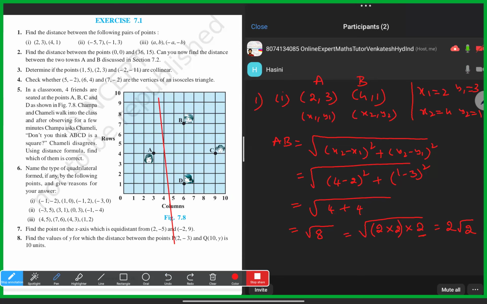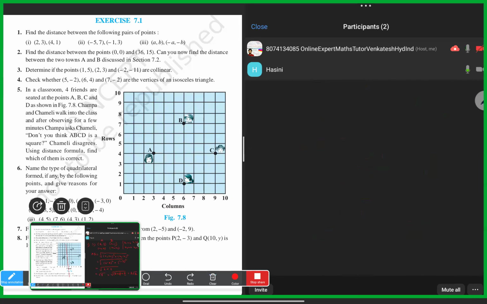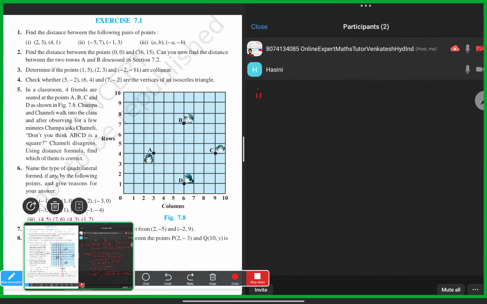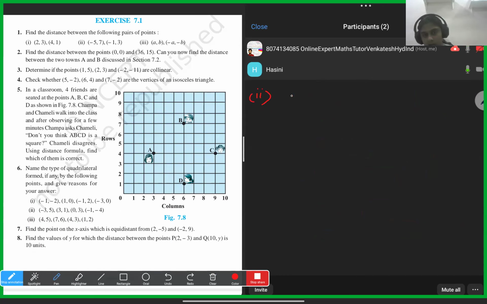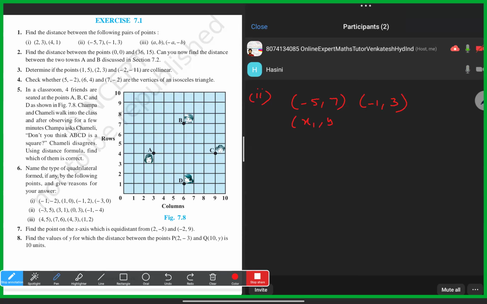Second one: minus 5, 7 and minus 1, 3. Again I am writing x1, y1, x2, y2. Let us name these as A and B. Can you tell quickly now the AB formula?